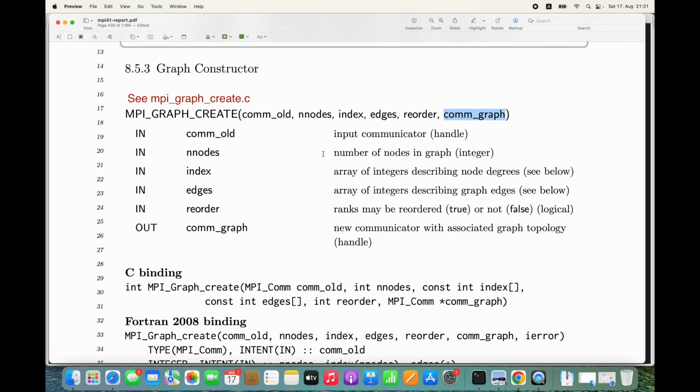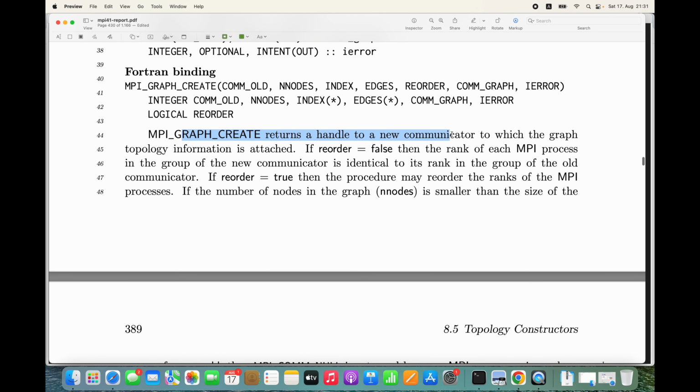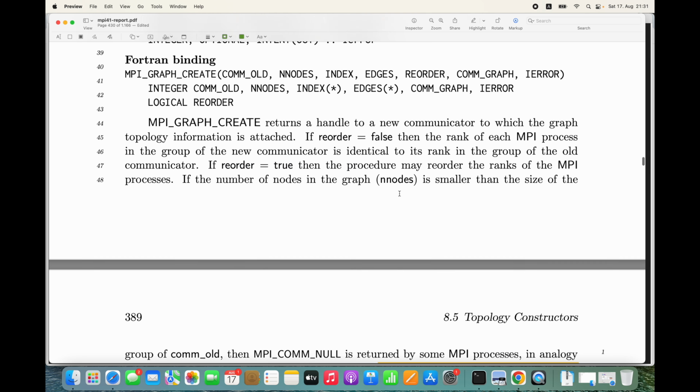And then graph is the communicator that comes out. Again, this returns a handle to a communicator to which graph topology information is attached. If reorder is false, then the ranks of those MPI processes are going to be the same as in the old communicator. If reorder is true, the same thing happens.